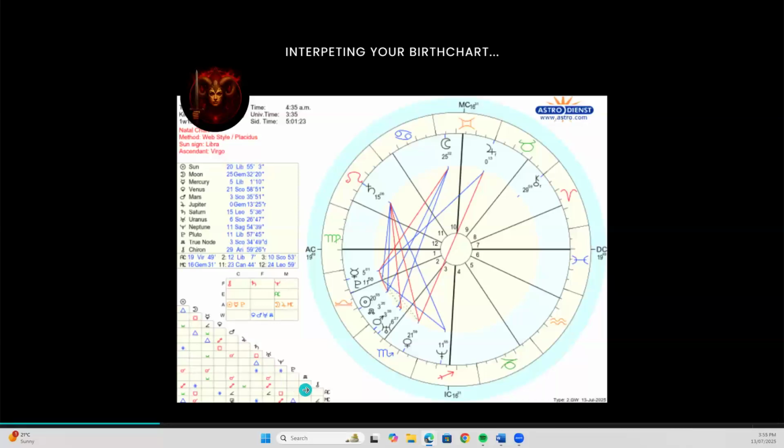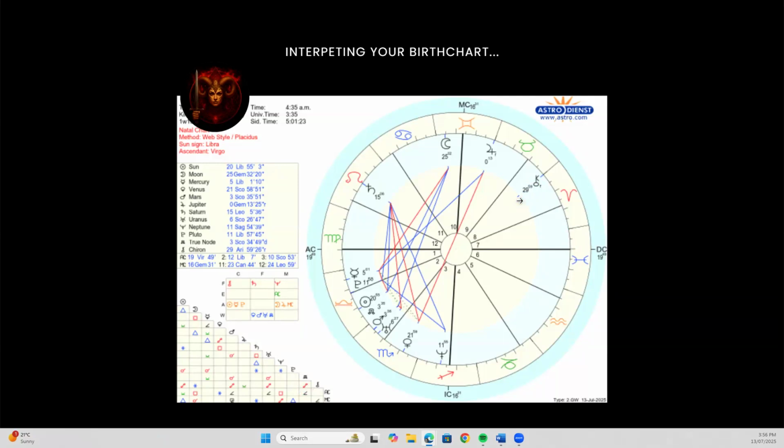Now these represent aspects or angles, and these are important in astrology. So when we look at Chiron, there will be certain aspects that Chiron has to other planets that may be of significance.